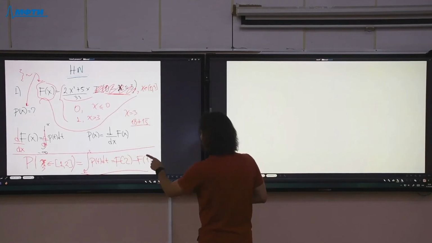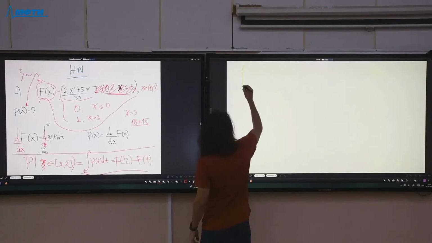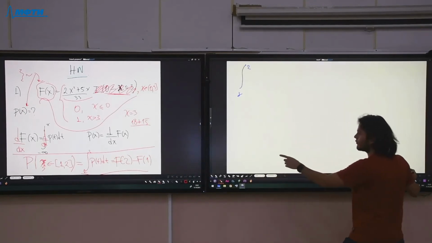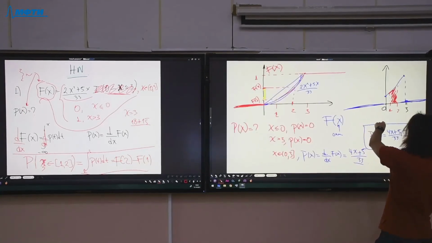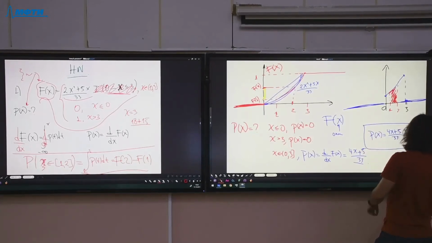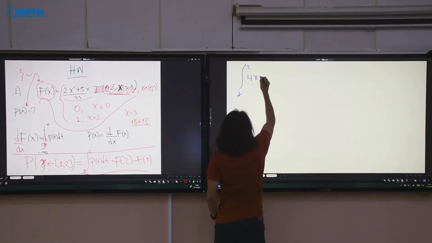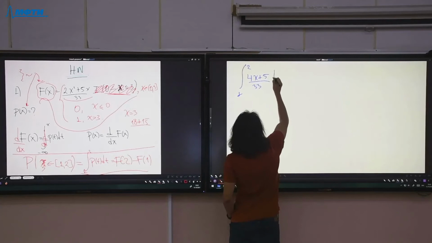The integral from 1 to 2 of the function. What is the PDF? It's 4x plus 5 over 33 dx.